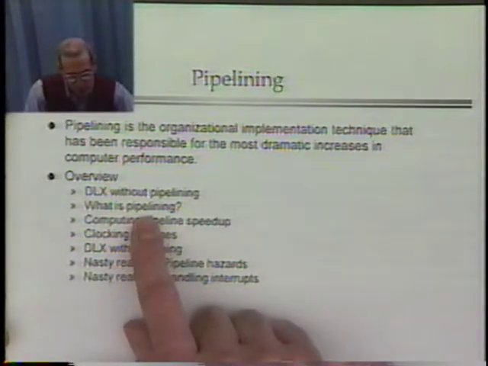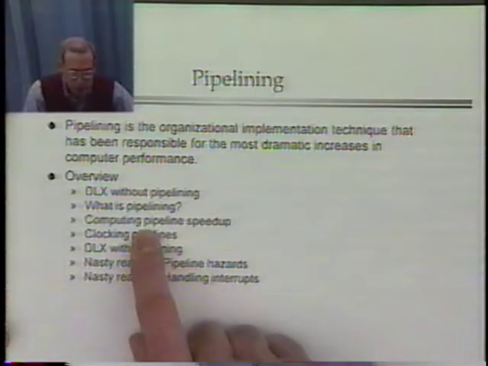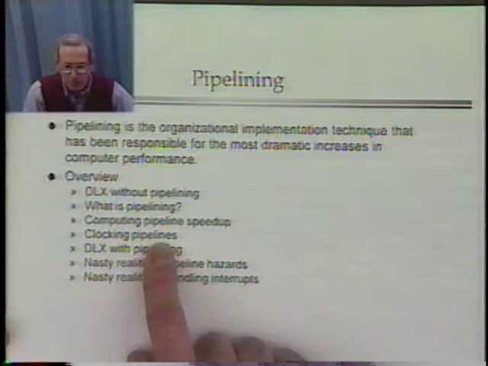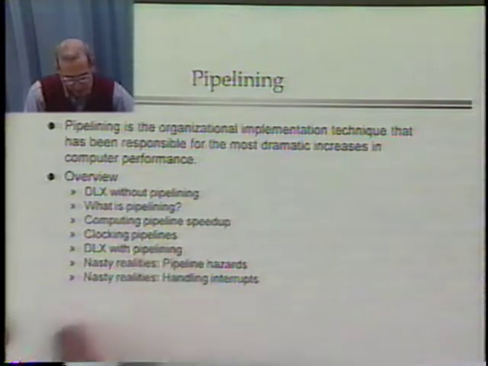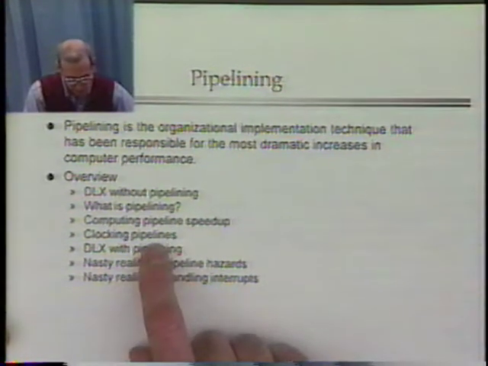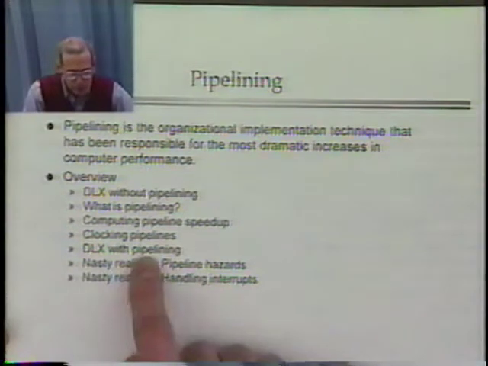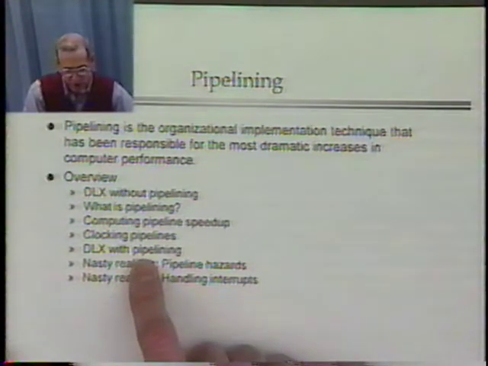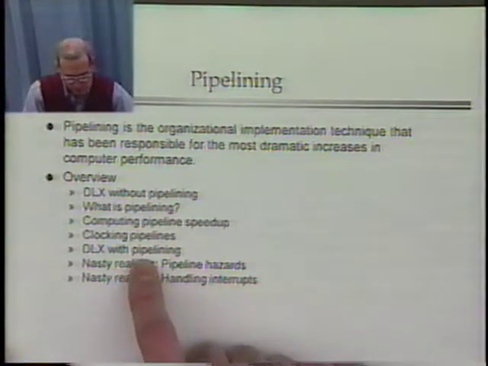Then we'll talk about pipelining in general, what it is, how one computes the speedup that pipelining can give you, some of the nasty realities of how you do reliable clocking in pipelining to get all of the data moving correctly. And then we'll go back to DLX and overlay the machine design we saw before with a basic pipeline and see how it works.